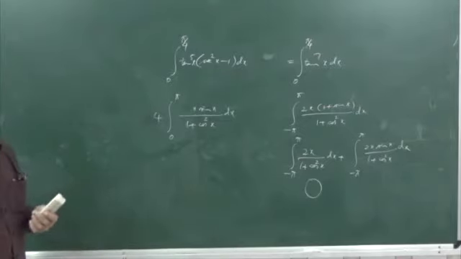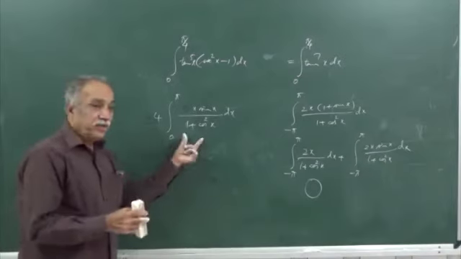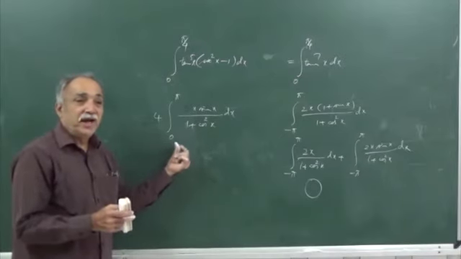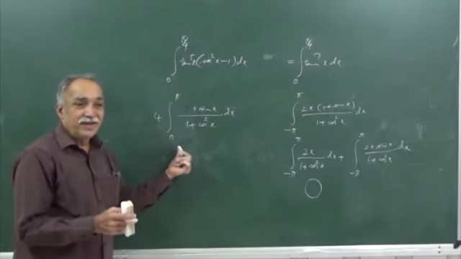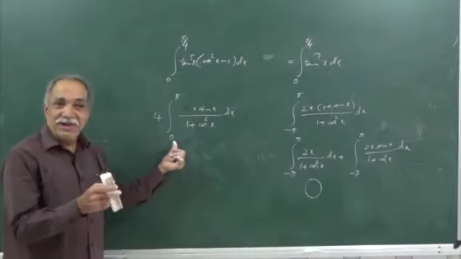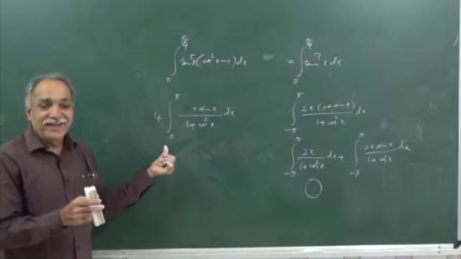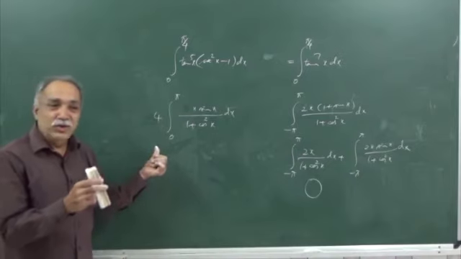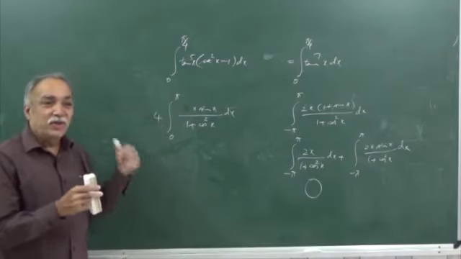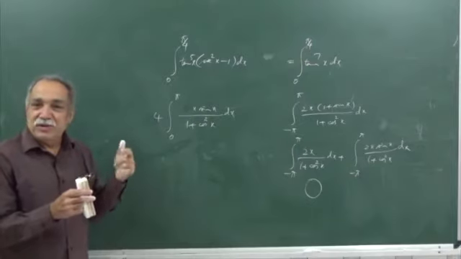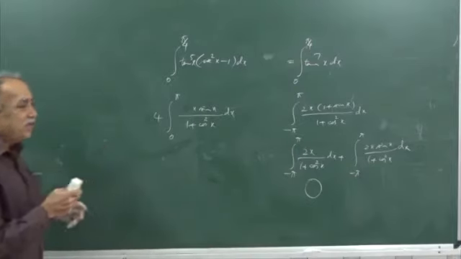Now, it's a mixture of trigonometric and algebraic. You are familiar with such situations, not parts. Use the property 0 to a f of x dx equal to 0 to a f of a minus x dx.